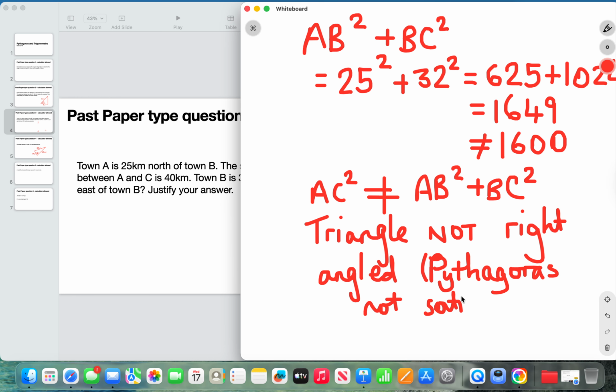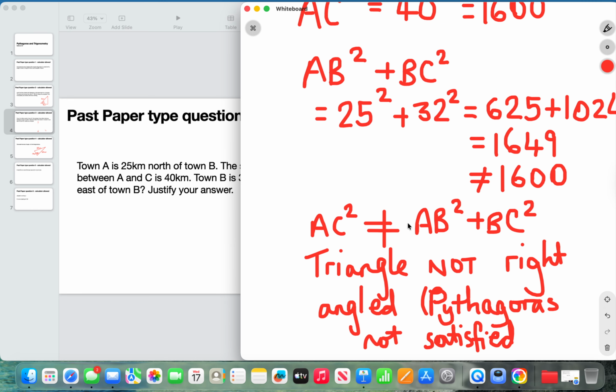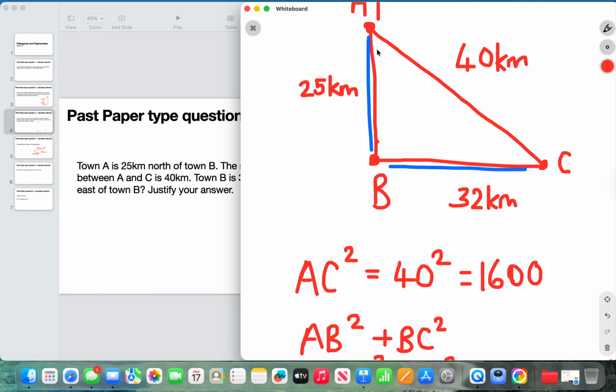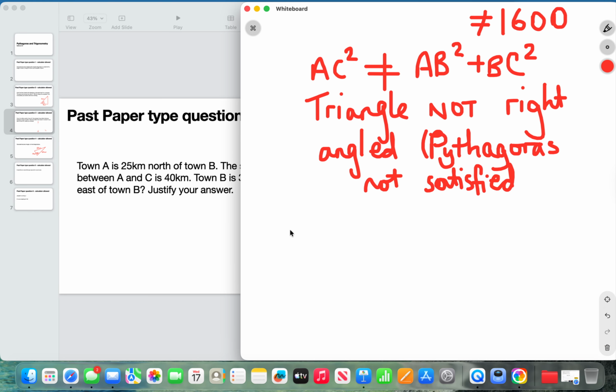The next point we're going to make is that because that triangle is not right angled, then AB and BC are not at right angles, they're not perpendicular.